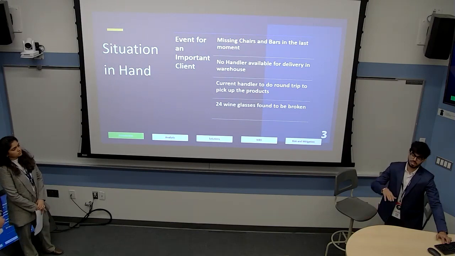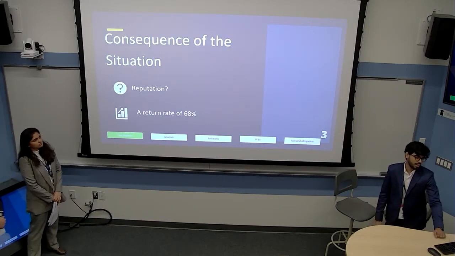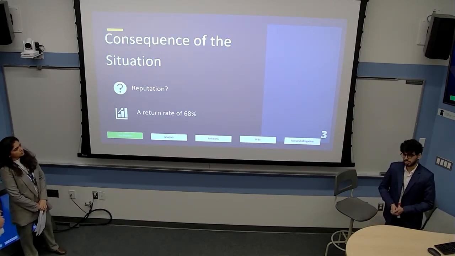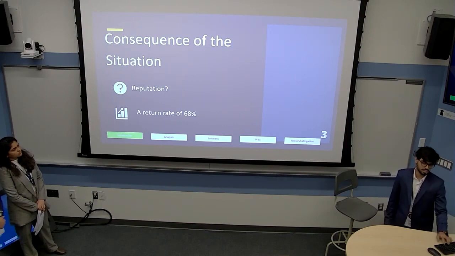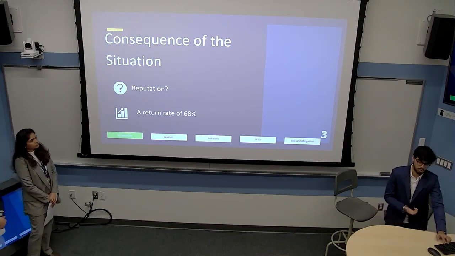There were some inconveniences, but they were able to handle this. Further on, the client told them that they had 24 wine glasses missing, and this chain of events finally led to consequences, which meant that Sebastian had to look at the reputation of the company.